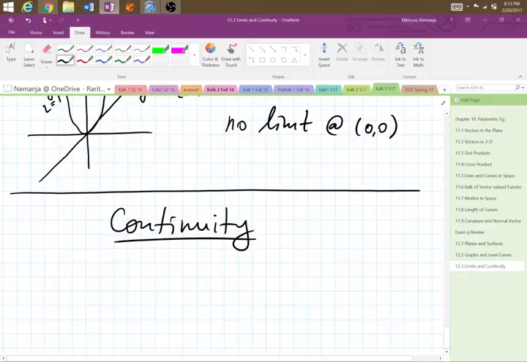So we do exactly the same thing like in Calc 1. Same 3 rules that you have to check, and if any of the 3 rules fails, the function is not continuous. Rule number 1, f of a, b must exist.